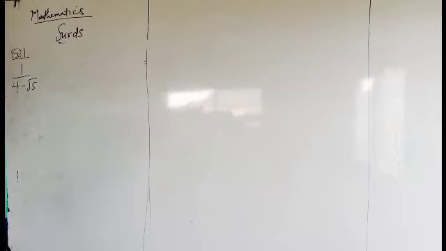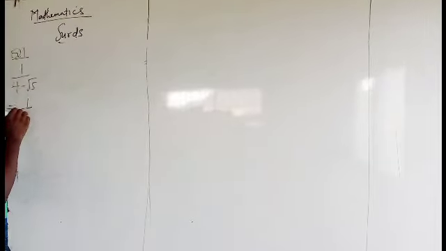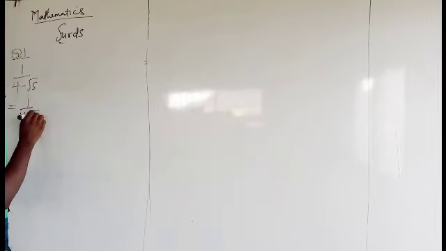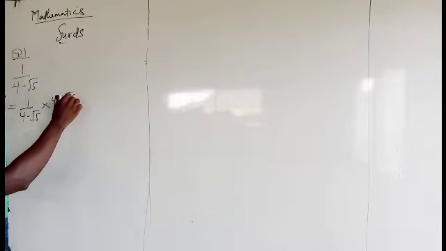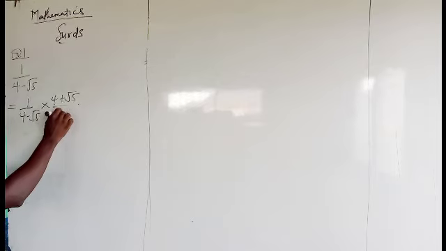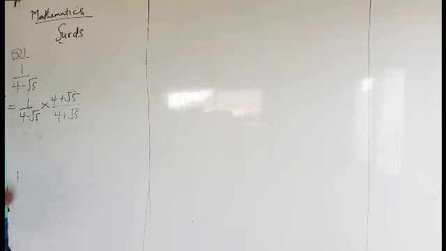With this one, we have the denominator to be negative. So in rationalizing it, we use the conjugate. Multiply it by 4 plus root 5 all over 4 plus root 5.